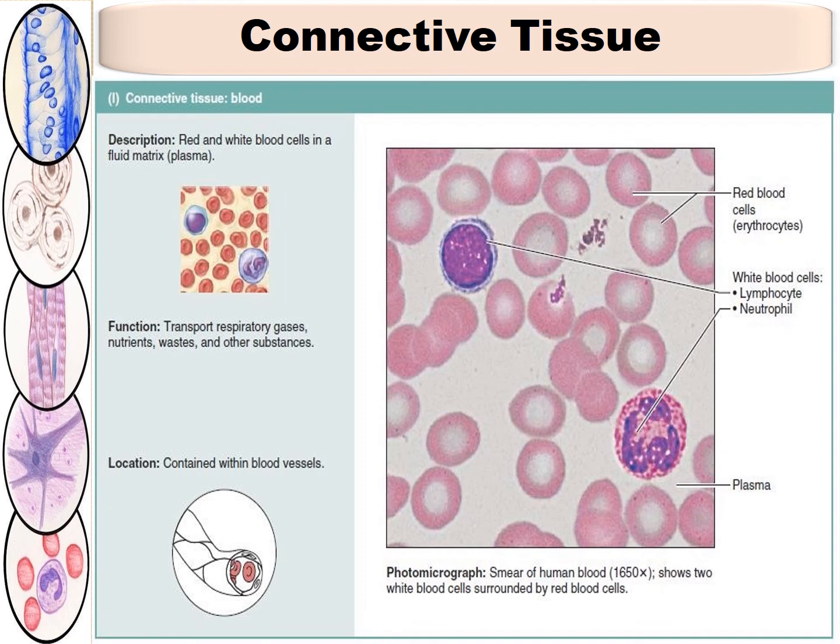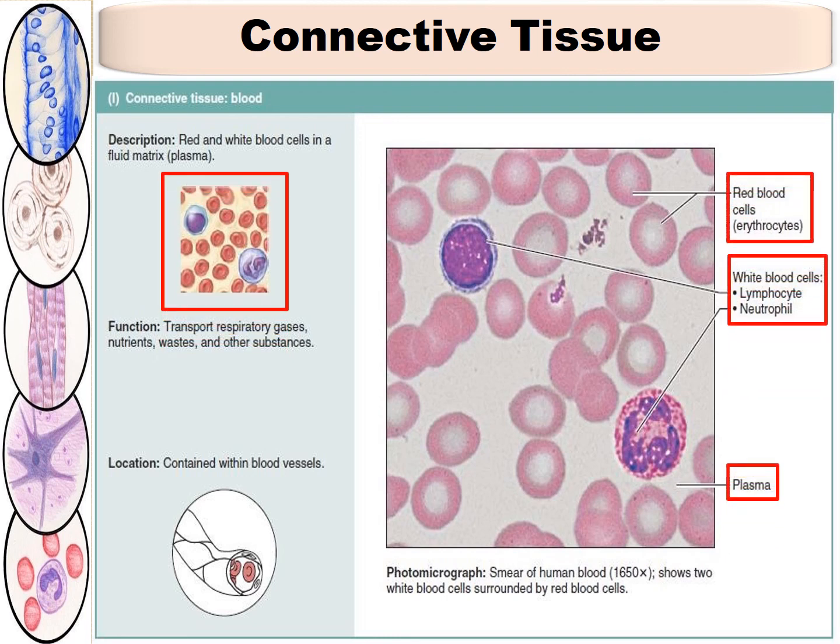Then the 12th type of connective tissue is the blood. As we know, blood is the largest fluid connective tissue of the human body. It is mainly composed of red blood cells and white blood cells in a fluid matrix called plasma.